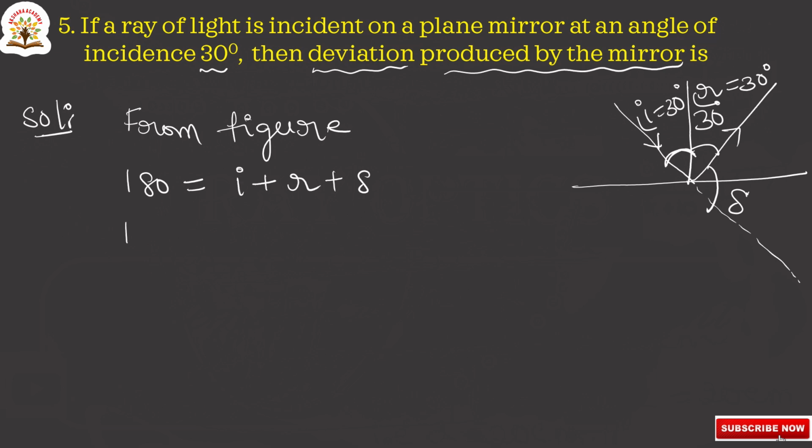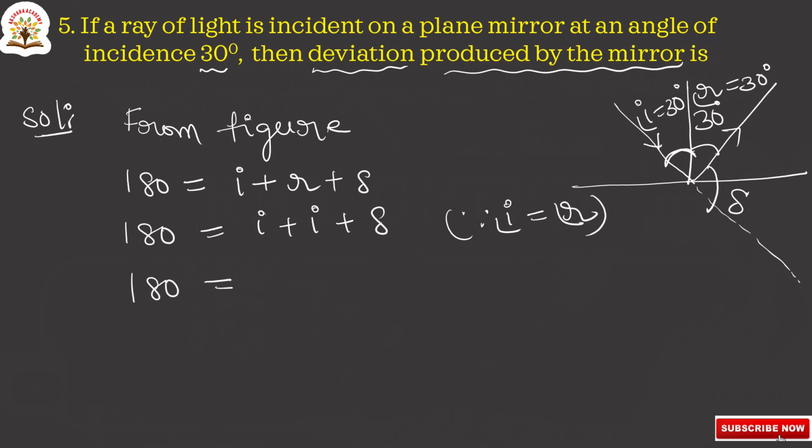According to the laws of reflection, angle I is equal to angle R. So in the place of R we are writing I, and 180 is equal to 2I plus delta. So now delta is equal to 180 minus 2I.